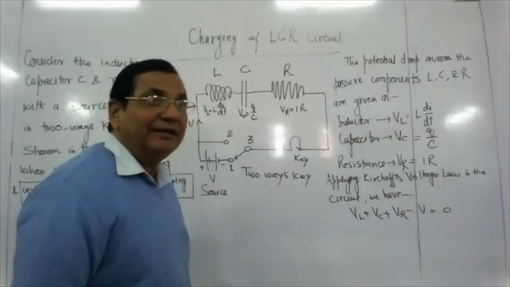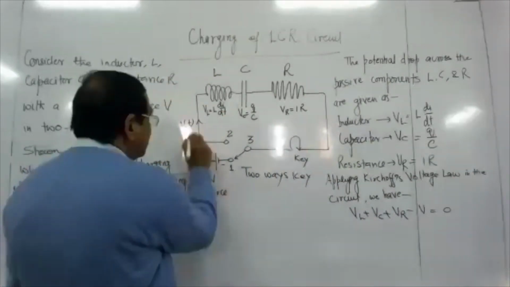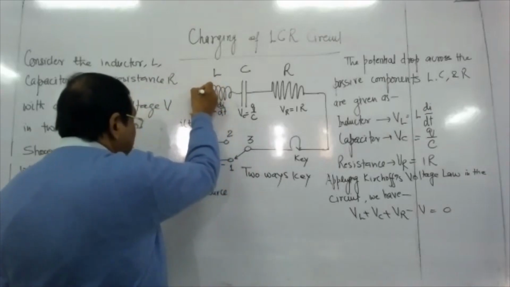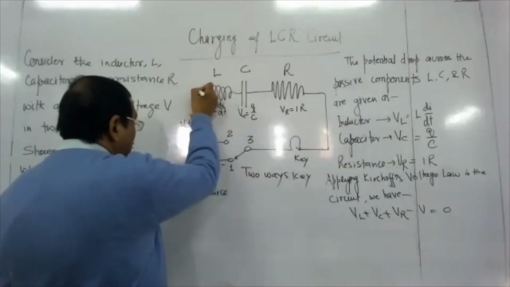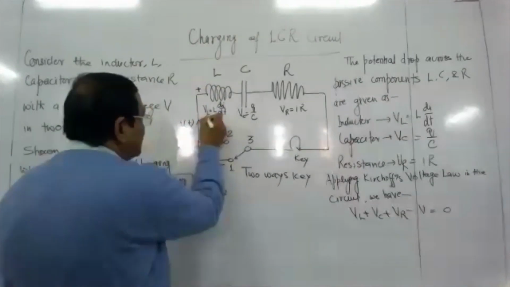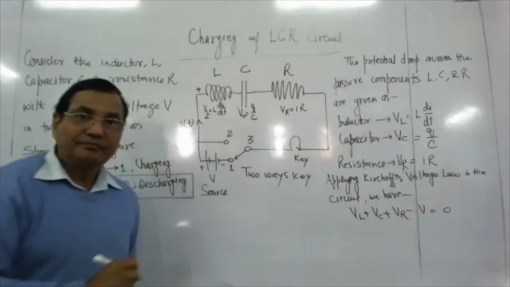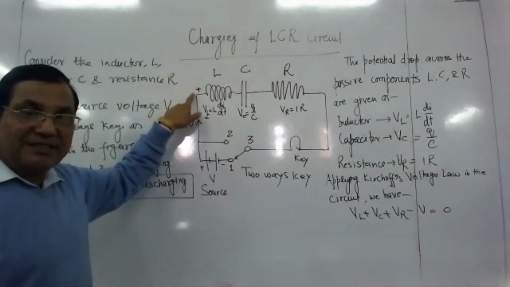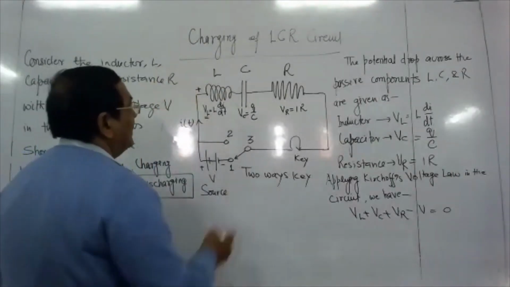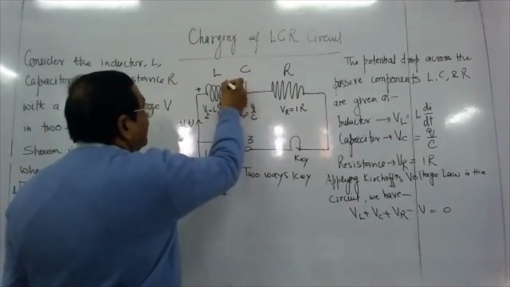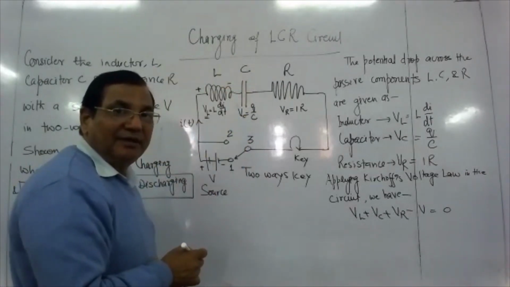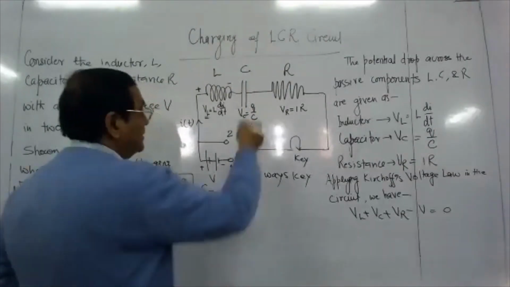How does this happen? When current is flowing in this way, this point is positive, so this V_L is positive. This voltage across the L is positive, and the other end of the inductor is negative.